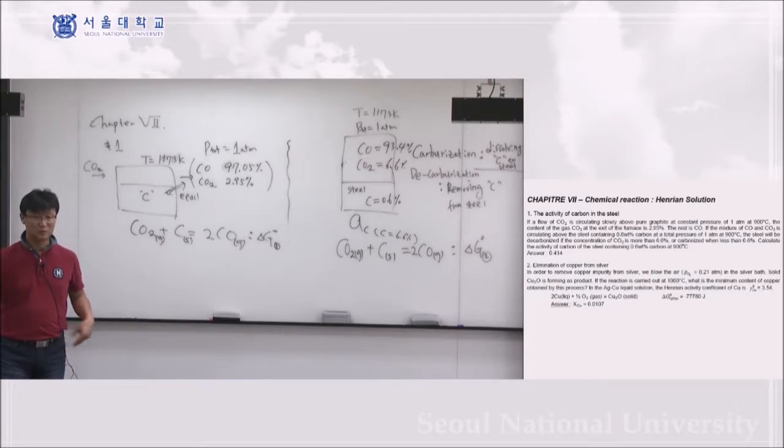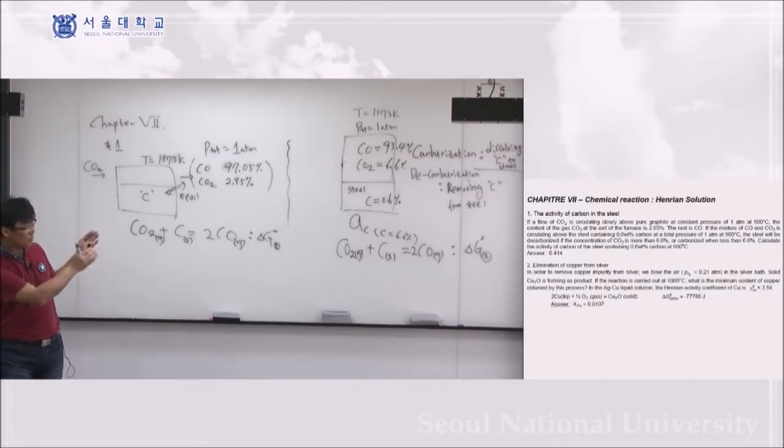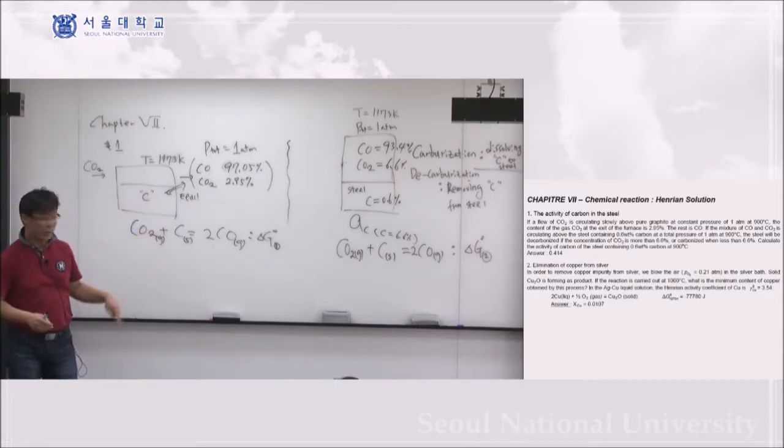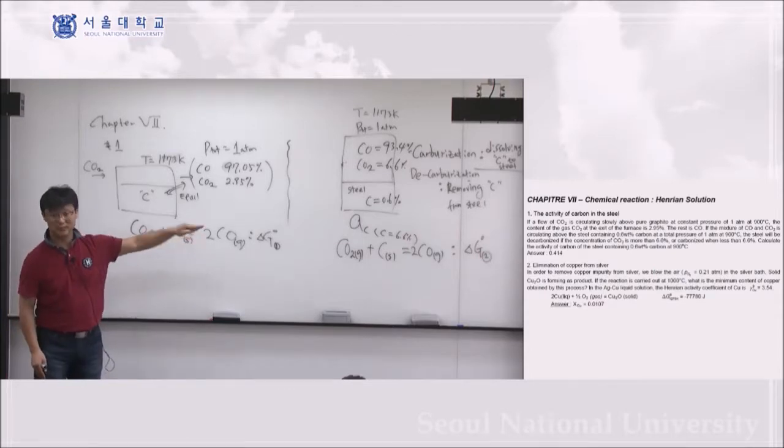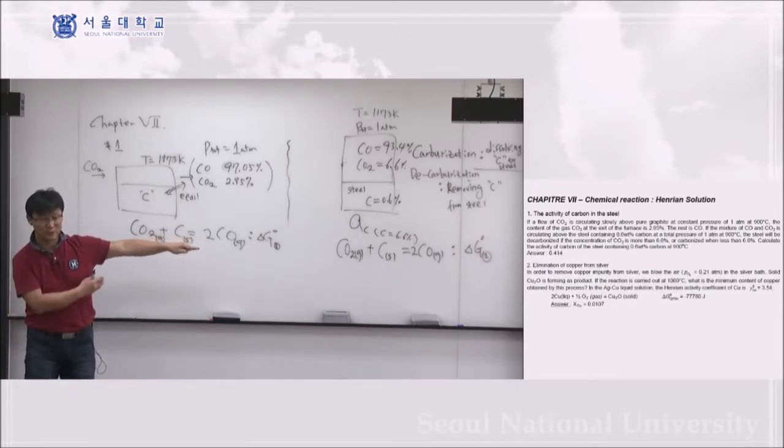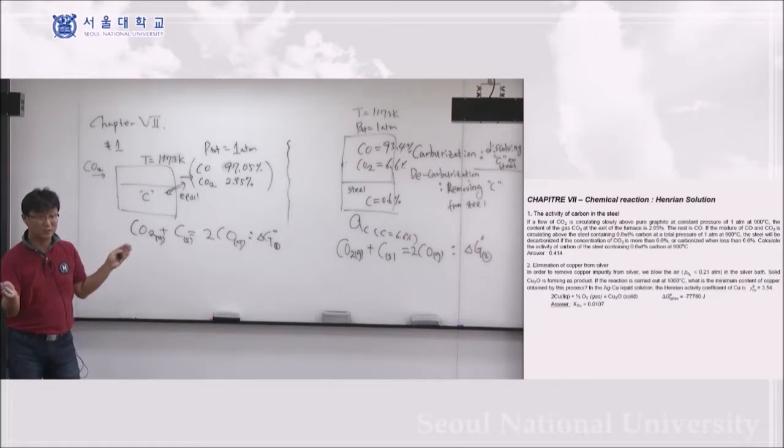So by principle, whatever thermodynamic equation you are using, when you apply it to any kind of application, the conditions are different. However, the thermodynamic equation itself is the same. It means the standard Gibbs energy is the same. That's the starting point. But depending on your condition, you have to make a correction, and that correction term goes inside delta G. Delta G equal to delta G naught plus RT ln something.